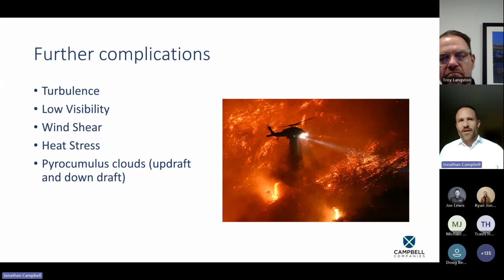It also lowers the effectiveness of water drops, because the higher you have to fly, the less effective the water is as it comes down. It evaporates and is not nearly as effective as if you could drop it from a lower point and more pinpoint. So there are a lot of complicating factors.